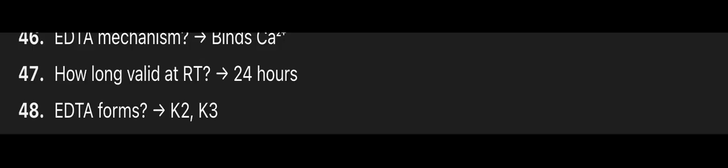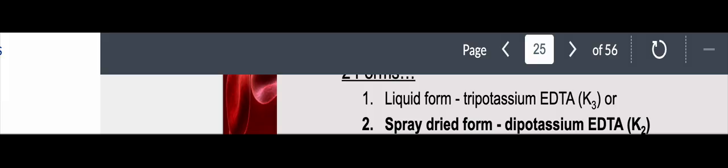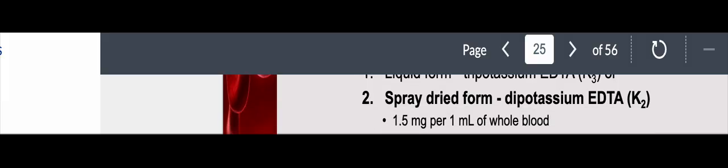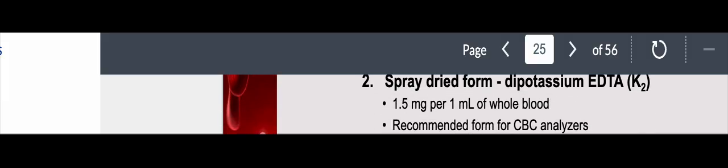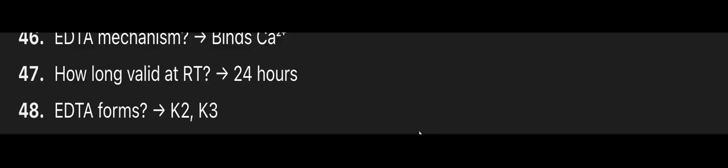What are the 2 forms of EDTA, and which one is preferred for CBC analyzers? So the 2 forms are tripotassium, which is liquid, and dipotassium, which is sprayed form. And the dipotassium EDTA is what's recommended for CBC analyzers. And why do we invert the tube after blood collection? Immediately after, we want to mix the anticoagulant.